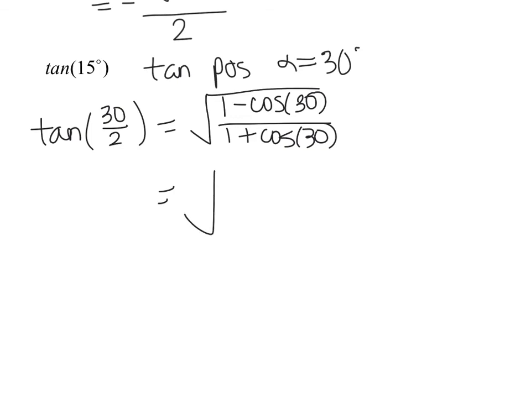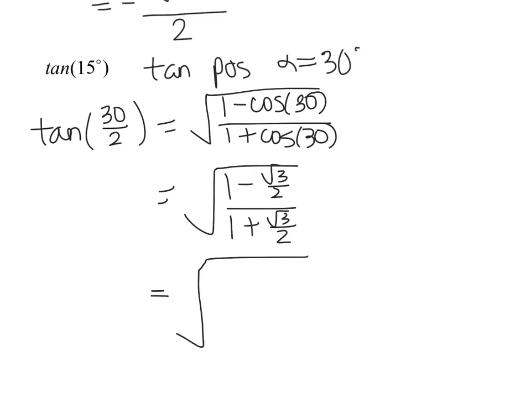Using our unit circle, cosine of 30 is radical 3 over 2. So we have the square root of 1 minus radical 3 over 2 over 1 plus radical 3 over 2. Rewriting both our numerator and denominator as single fractions, we get the square root of 2 minus radical 3 all over 2 divided by 2 plus radical 3 all over 2.